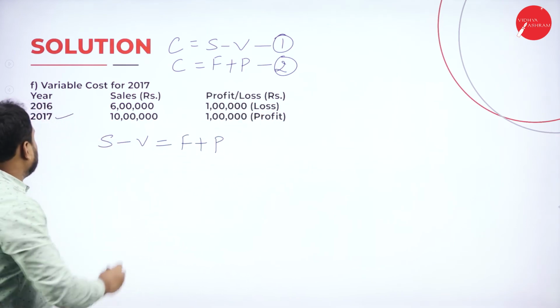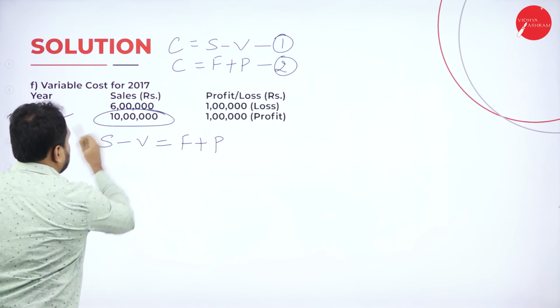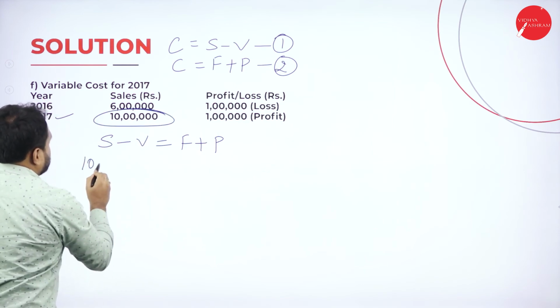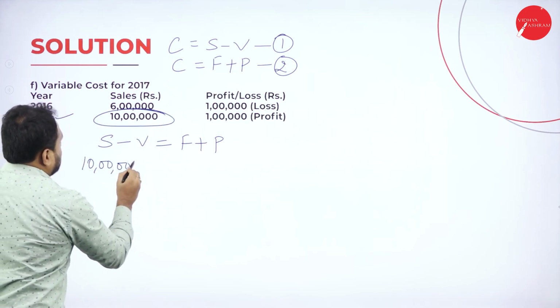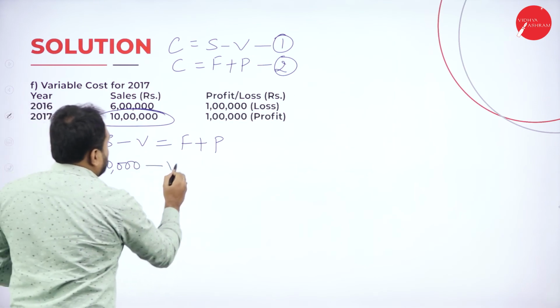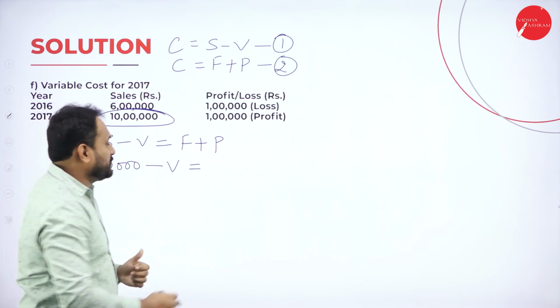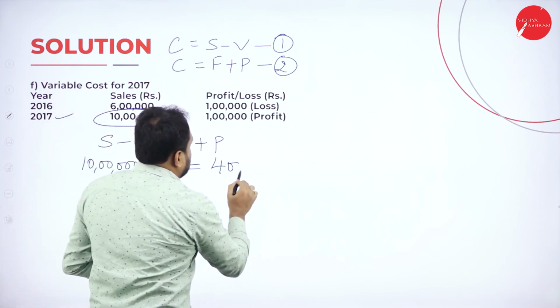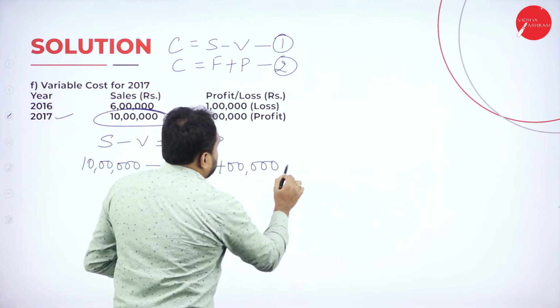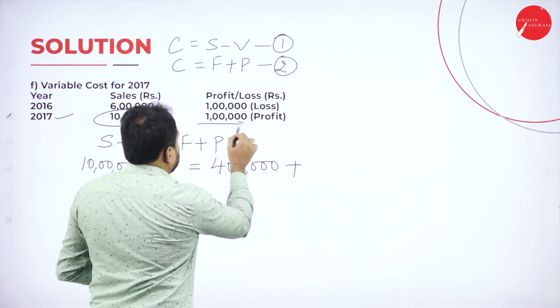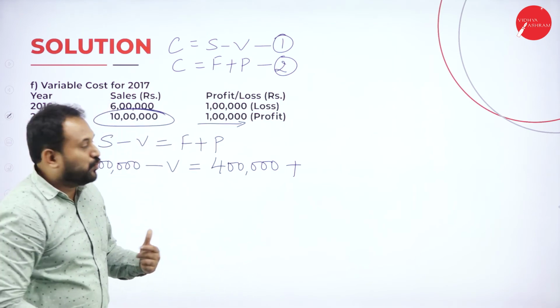Now understand, I'll take 2017 sales. How much is it? 10 lakh. 10 lakh minus variable cost, I don't know, I need to find it. Fixed cost is the same, that is 4 lakh, which we have already calculated, plus profit of 2017, that is 1 lakh rupees.